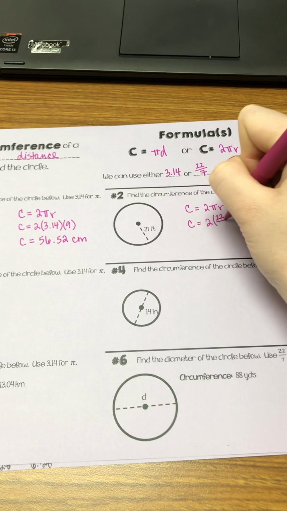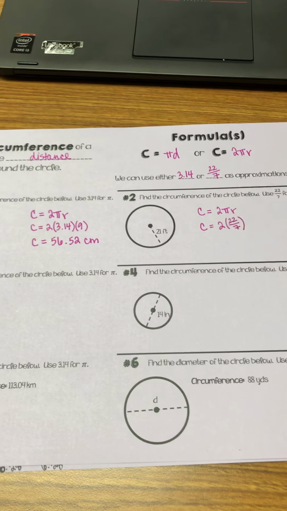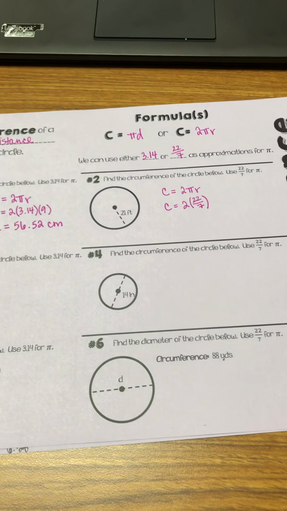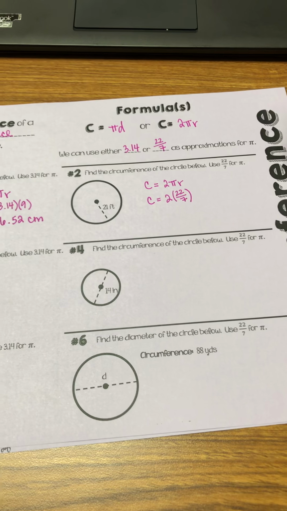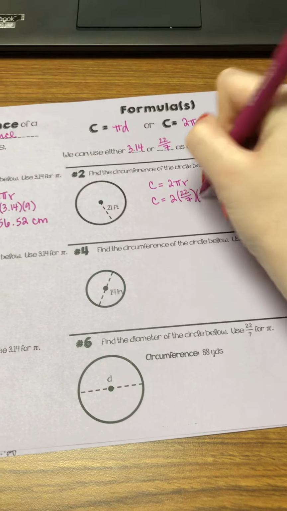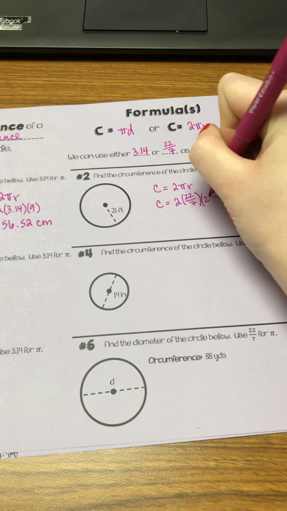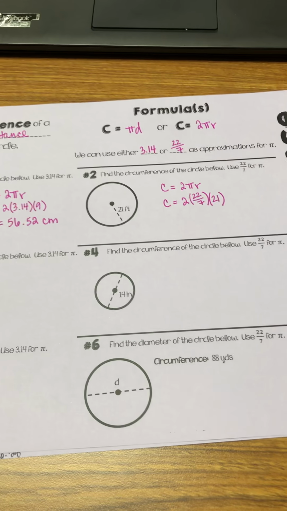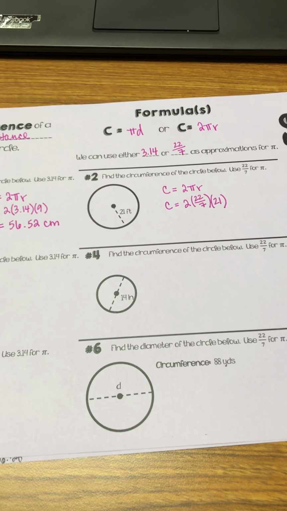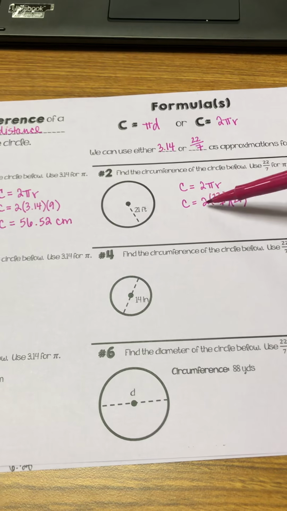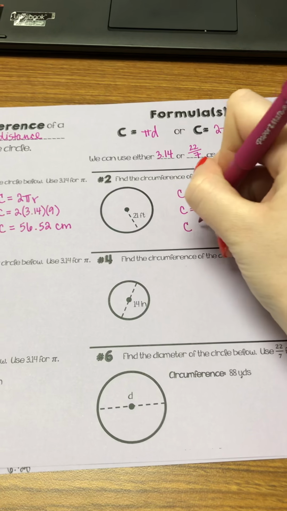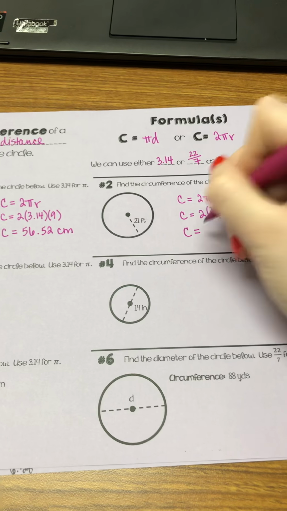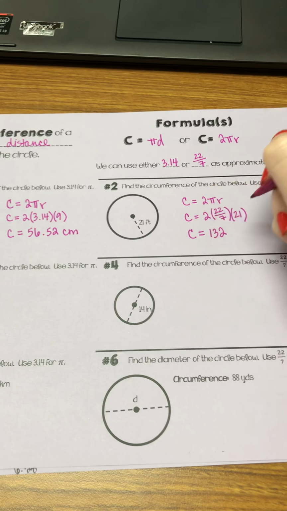Now listen, you do not have to use 22/7 if you don't want to. You can always use 3.14 and you'll always get the right answer. And then 21 is your radius. Okay? All right. So then you would just multiply 2 times 22/7 times 21, which would give you 132 feet.